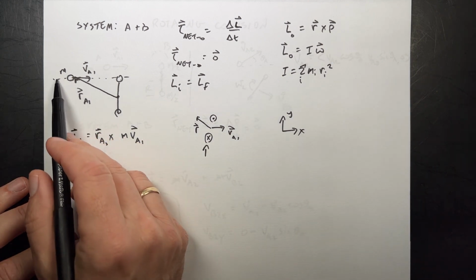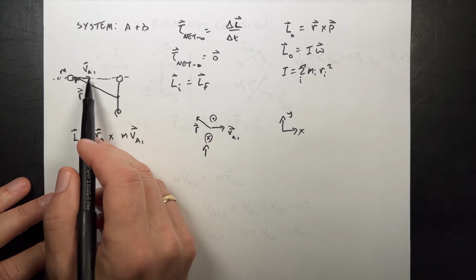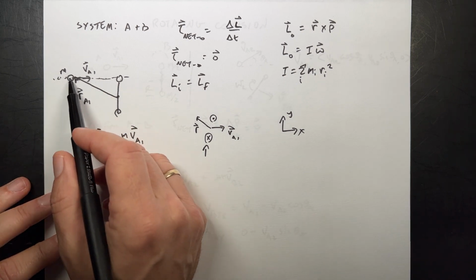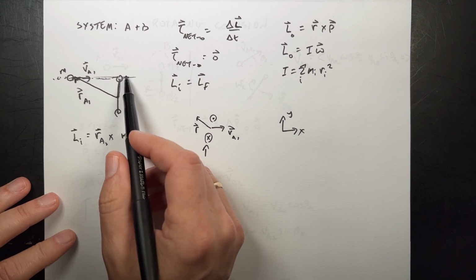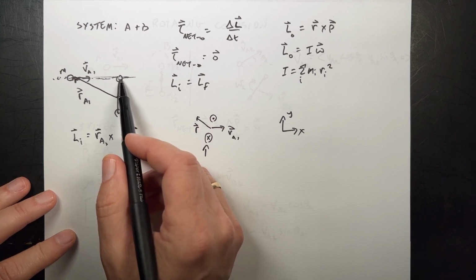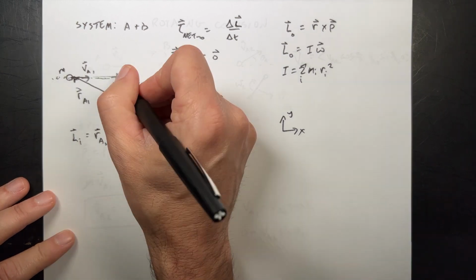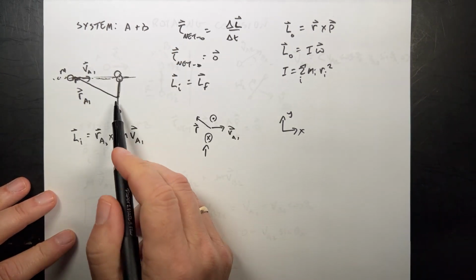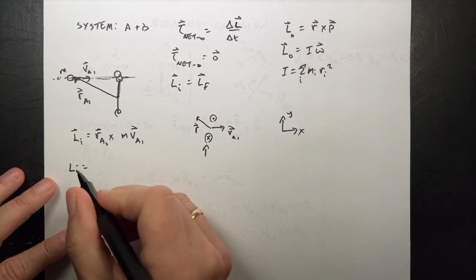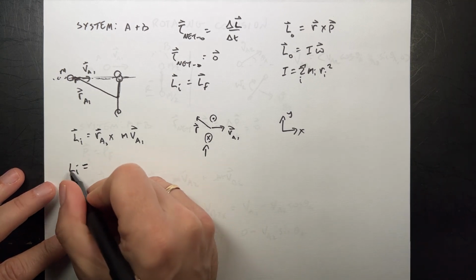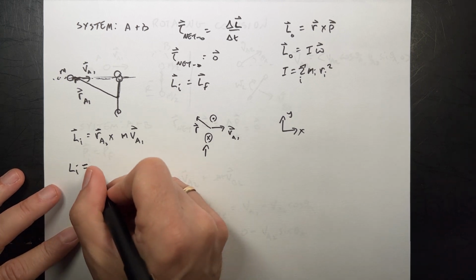Now, the other thing is, if I have this thing moving along here, the angle between these two is theta, but once I get over here, the distance decreases, and the theta goes to 90 degrees. And so I can actually use this location right here, where the mass is, to find the angular momentum. So let's say L_i is going to be negative in the z direction. These are all z directions. I'm not going to put the z component.